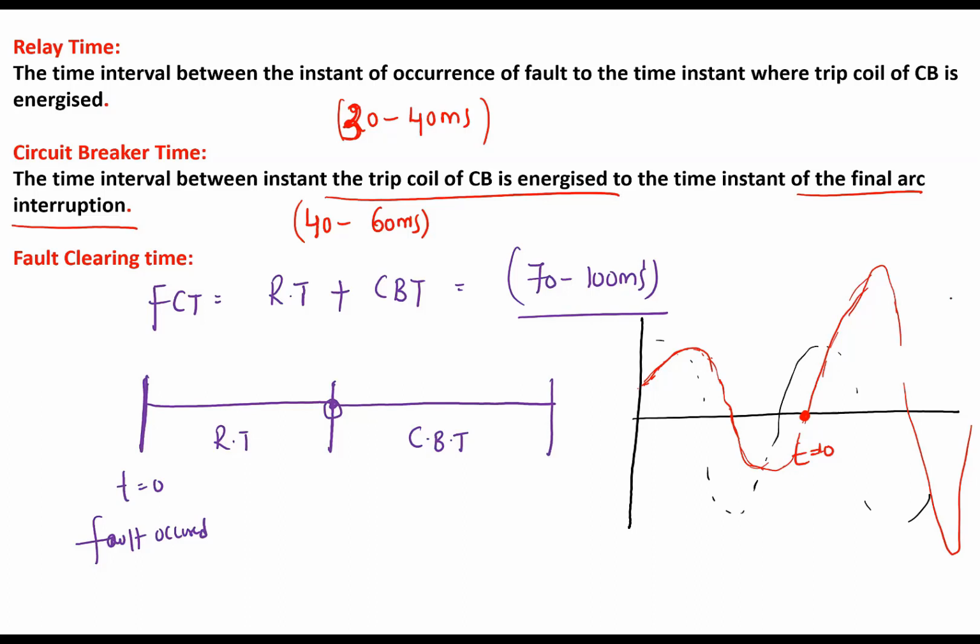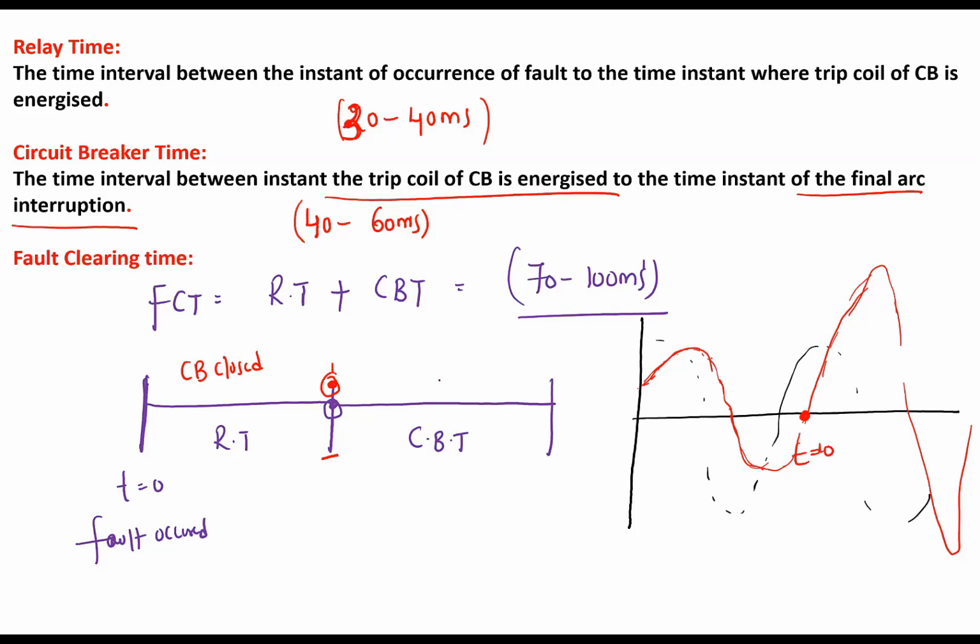So this fault current continues to flow through the circuit breaker till which point? Till this point, because the circuit breaker is closed till this point. From this point onwards, the circuit breaker starts separating.